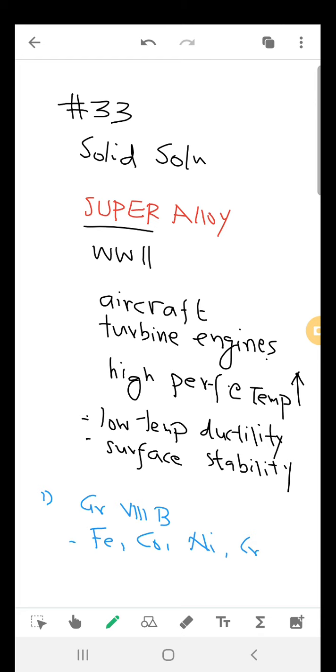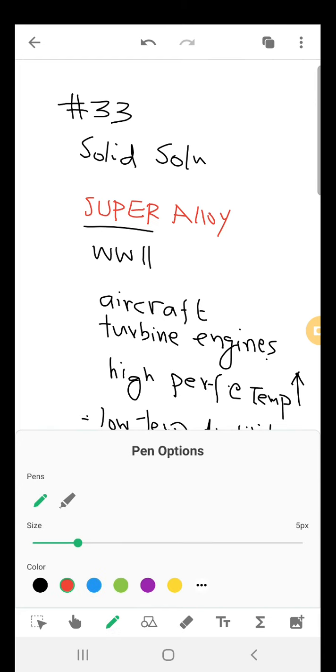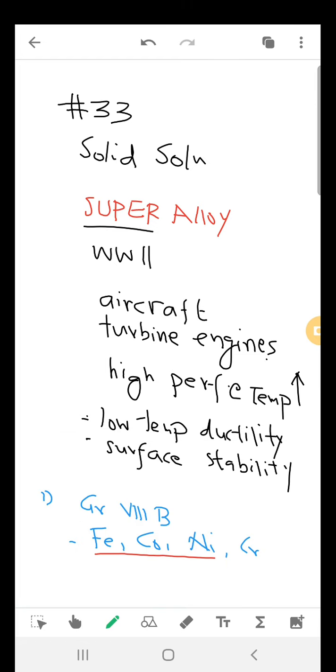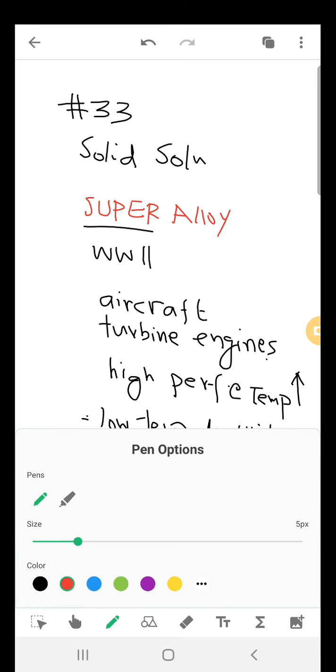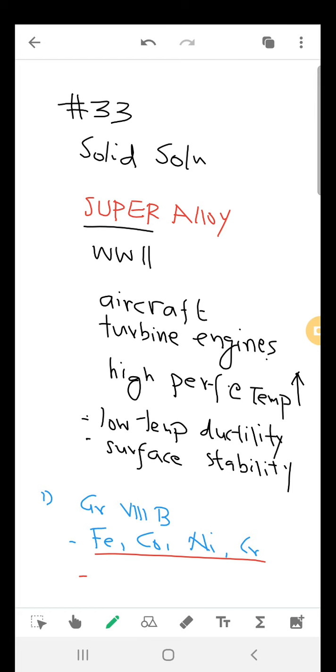These are the elements which are mainly used; the major contribution comes from these elements, and to some lesser extent elements like tungsten, molybdenum, tantalum, niobium, titanium and aluminum are also used in making a superalloy.